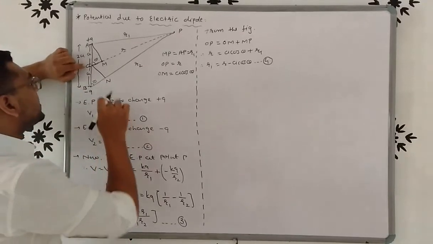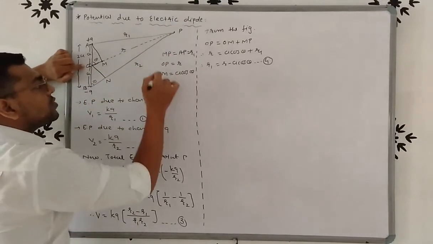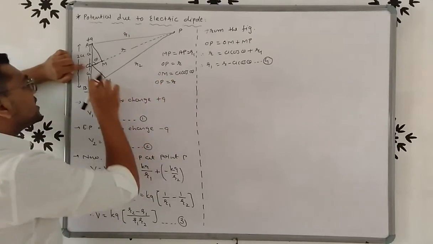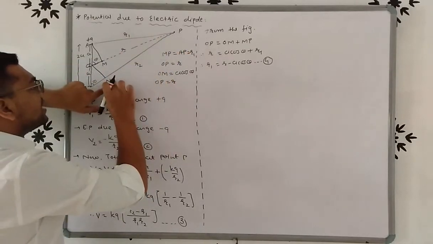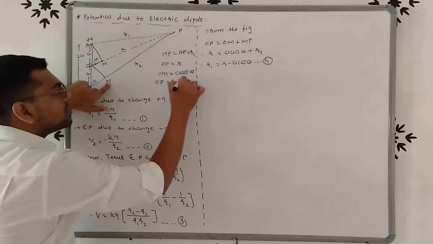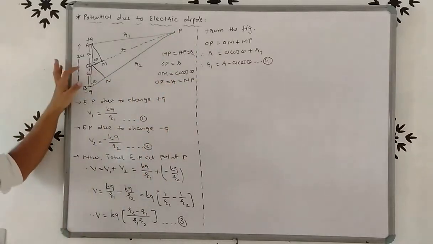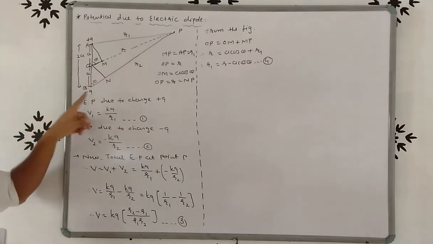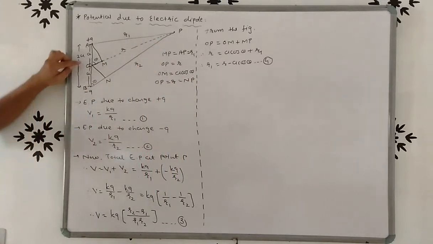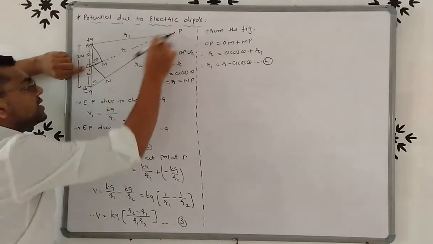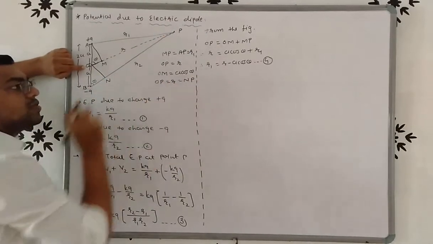Once again, OP is equal to R, so NP is also R. So OP is equal to NP is equal to R.